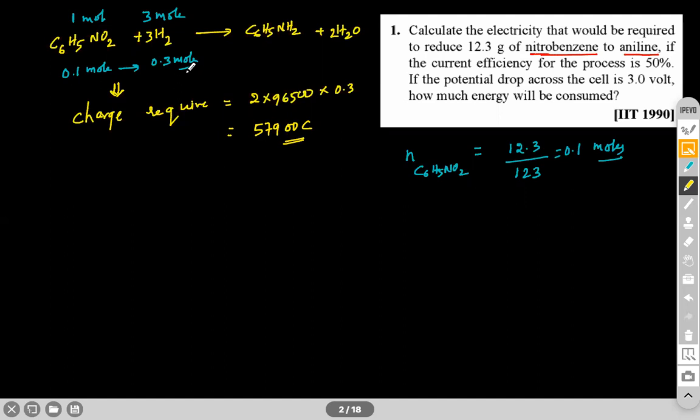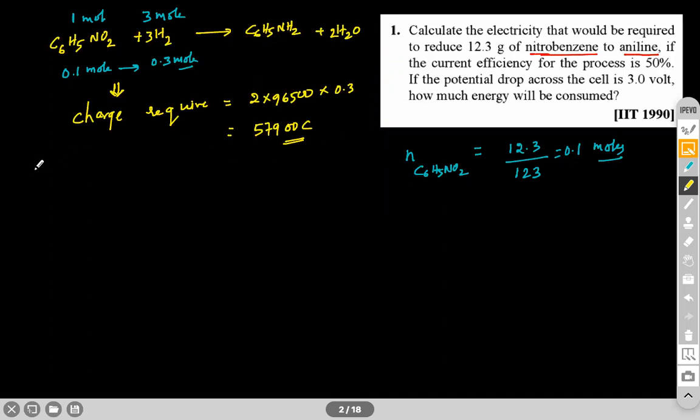Right? So now we take the current efficiency, which is 50%. It means when we have 100% efficiency, the charge required is this for this reaction. But here the efficiency is only 50%. It means we have to supply double the charge so that the process takes place.